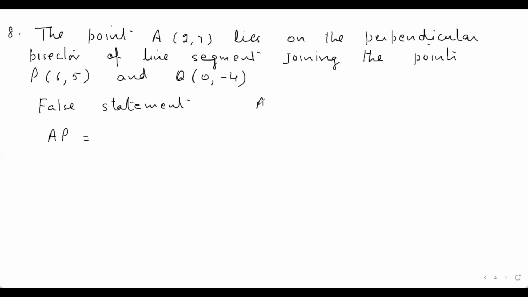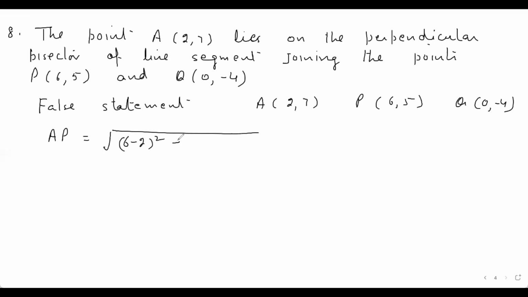Now coordinates of A is (2, 7), coordinates of P is (6, 5), coordinates of Q is (0, -4). So AP is equal to root of (6 minus 2) whole square plus (5 minus 7) whole square. That is equal to root of 16 plus 4. That is equal to root 20.